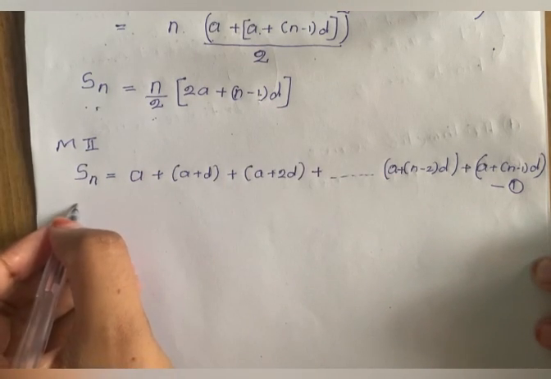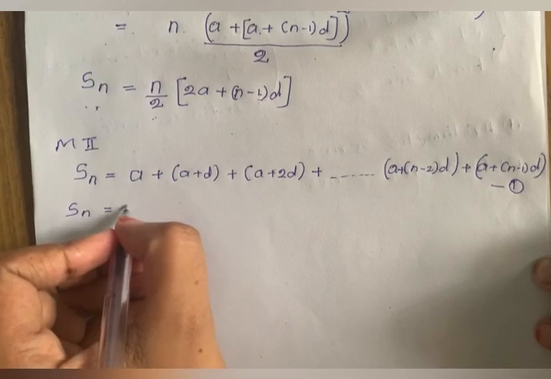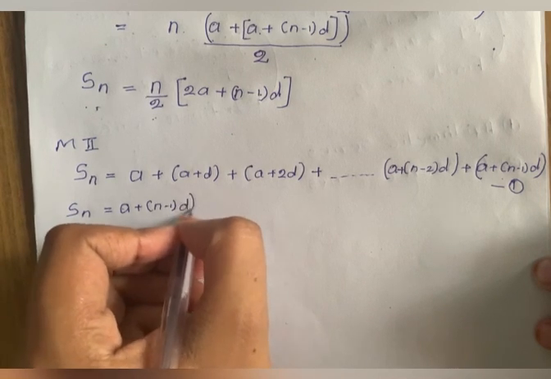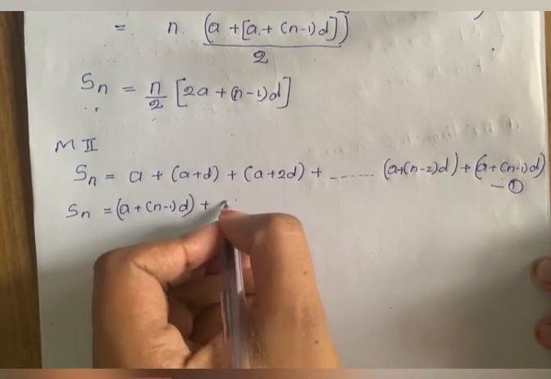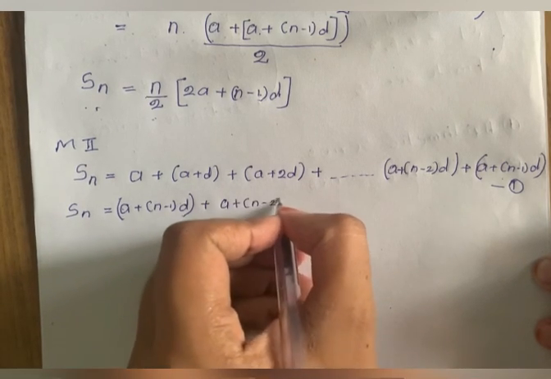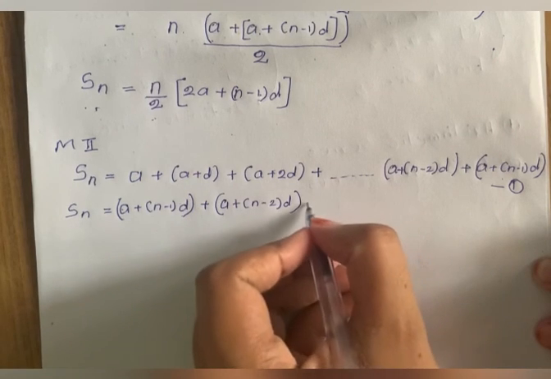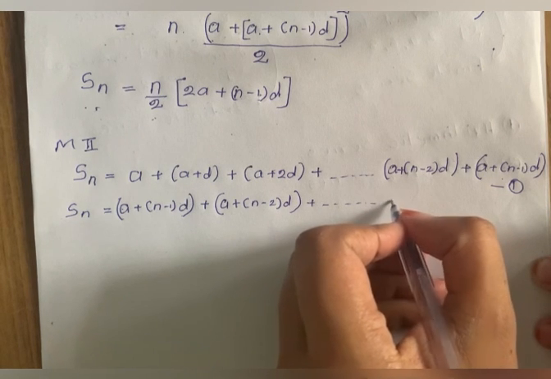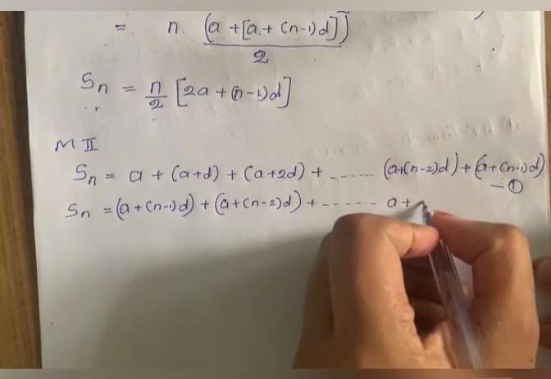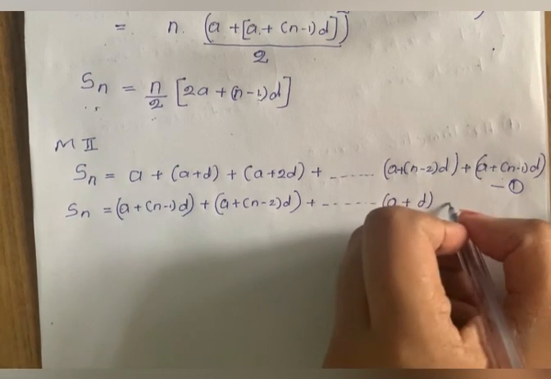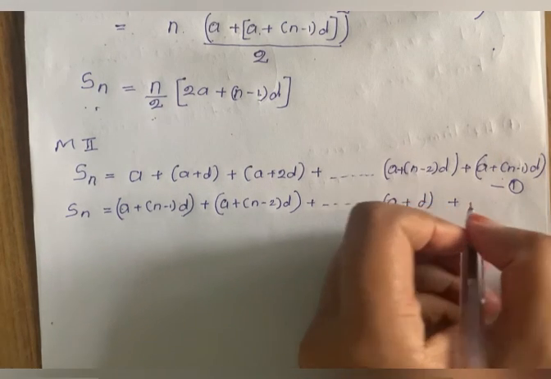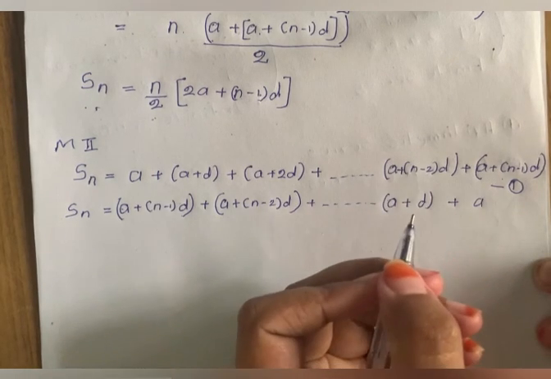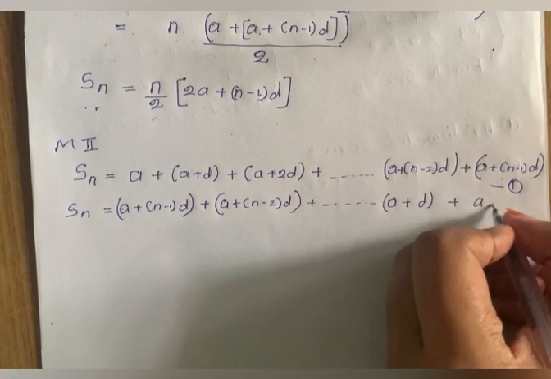Sn is equal to the last term as the first one, a plus n minus 1 d, plus a plus n minus 2 d, and so on, ending with a plus d and plus a. This is our second equation, number 2.